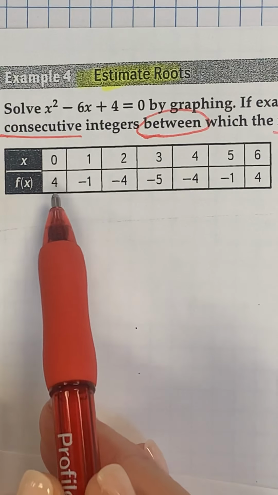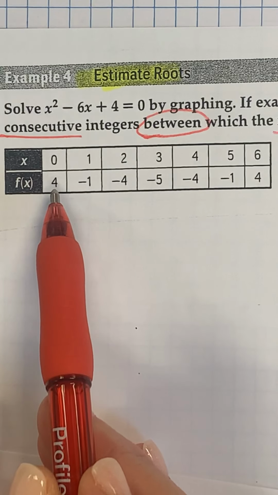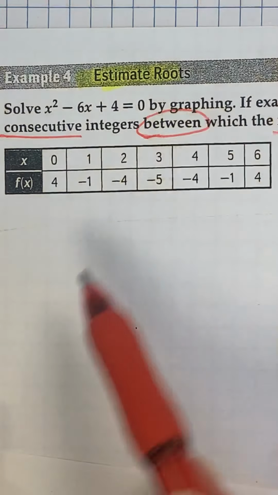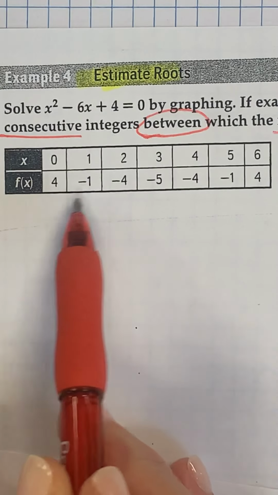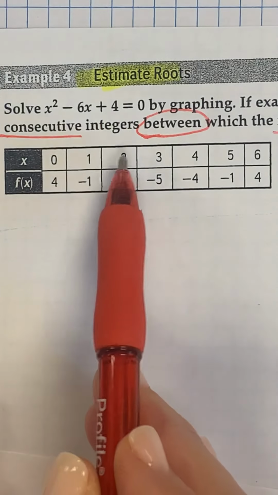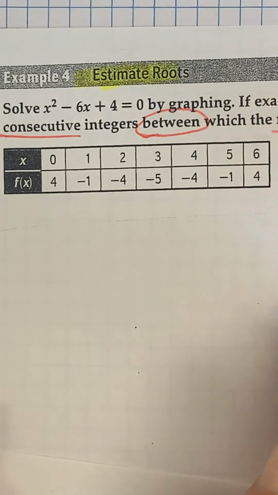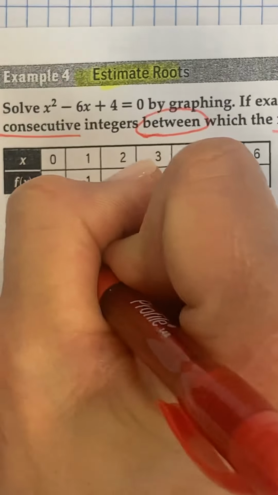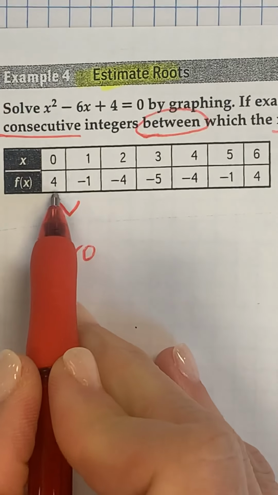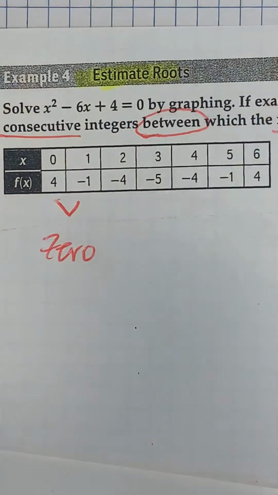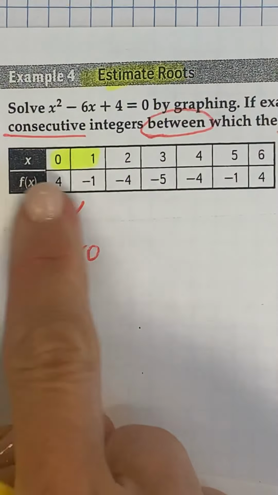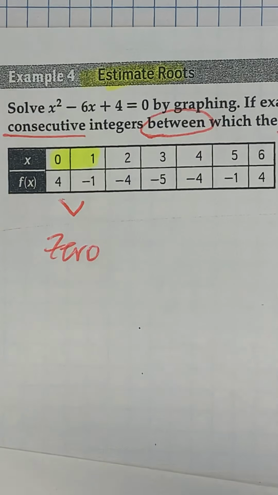Well, I know if the y value is 4, and then the next point, the y value is -1, 0 has to be somewhere in between here, correct? If exact roots cannot be found, state the consecutive integers between which the roots can be located. I know that there's a 0 in here somewhere between 4 and -1, which means the consecutive integers for x, my answer would be an x value somewhere between 0 and 1.